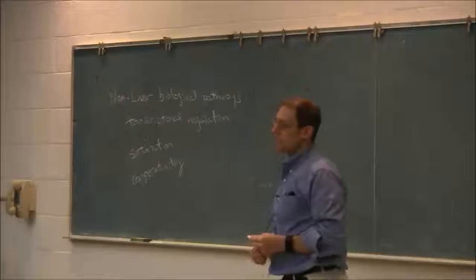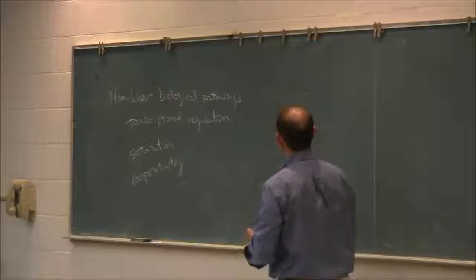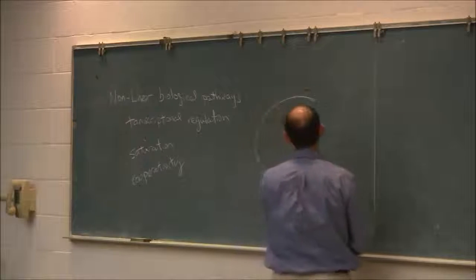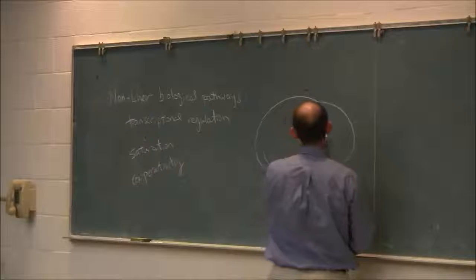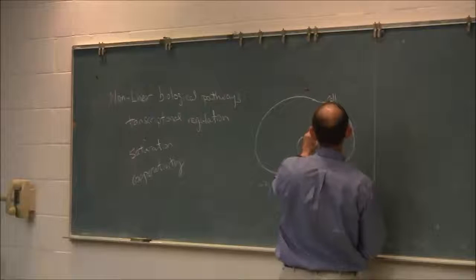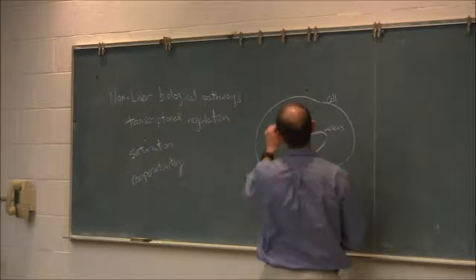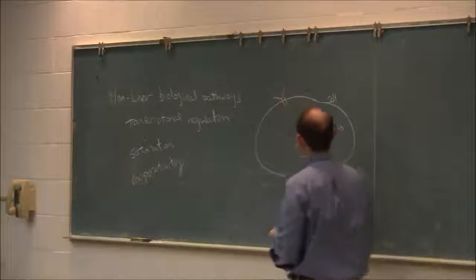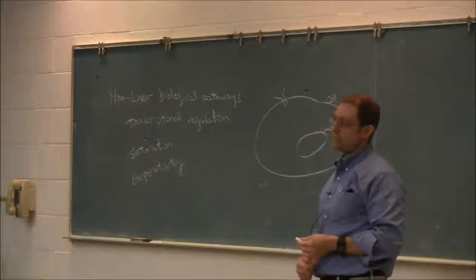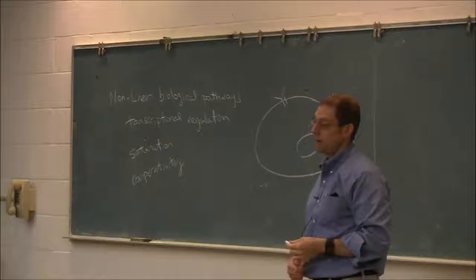So the biological picture is that we have a model for a cell, and here's the nucleus. And cells have receptors that sense the environment. They have other ways of sensing the environment.